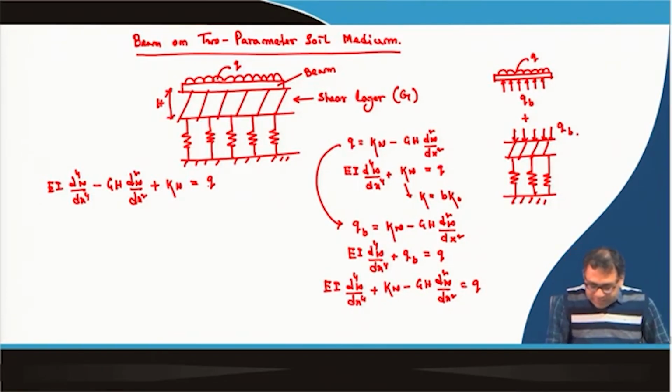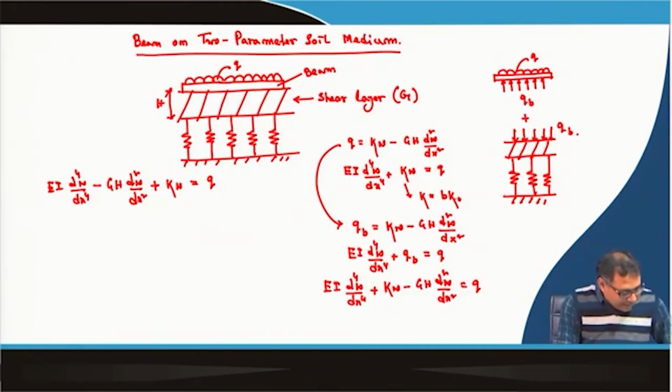But in this equation, as I mentioned, K is equal to B into K0. Depending on the beam condition, whether it is a finite width beam or an infinite beam, your B value will change.